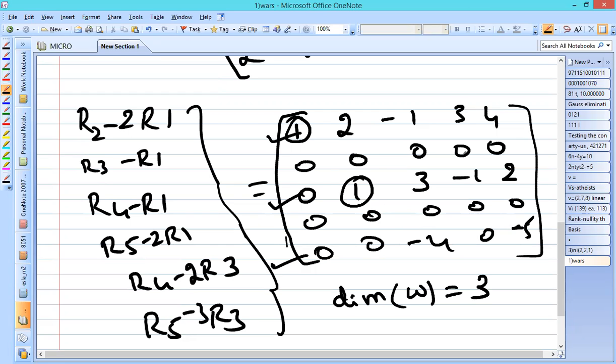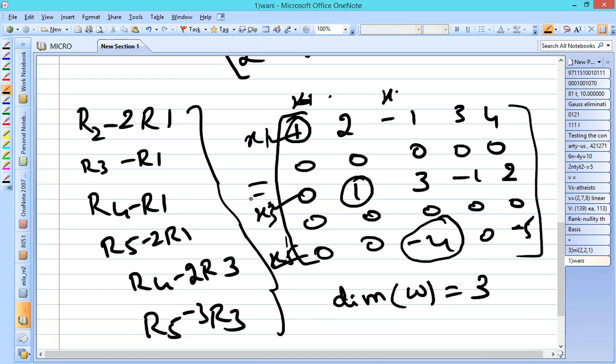There is no pivot in the second row because all the elements are 0, and likewise in the fourth row. So these belong to x1, x3, sorry, this is x1, x3 and x5, since we have written along the rows.